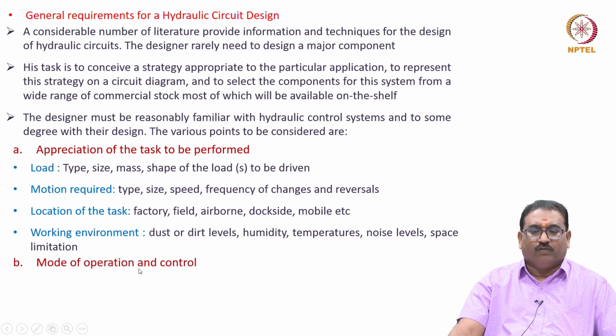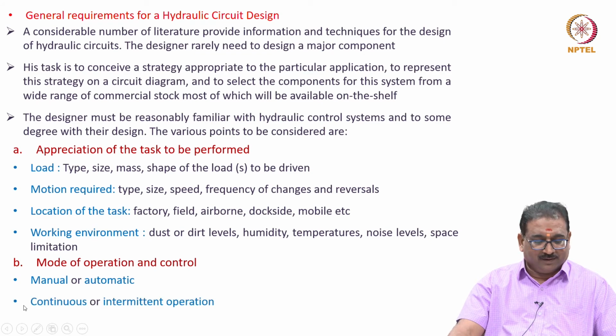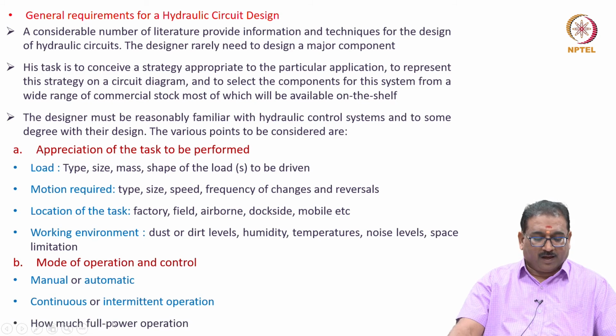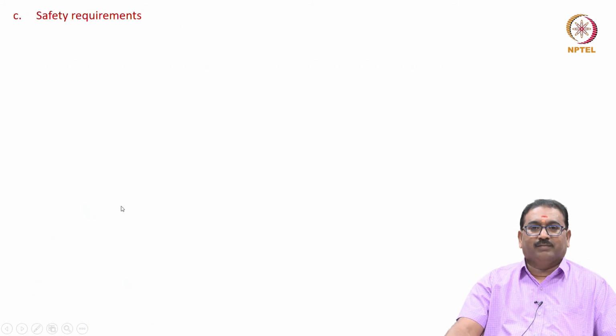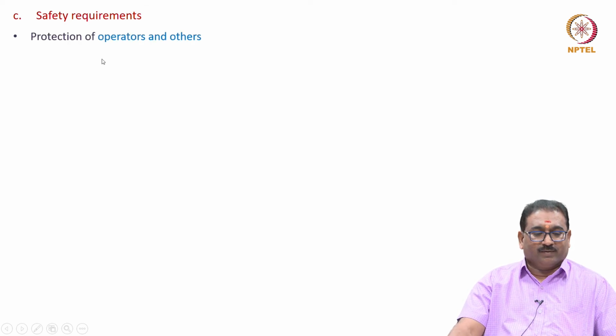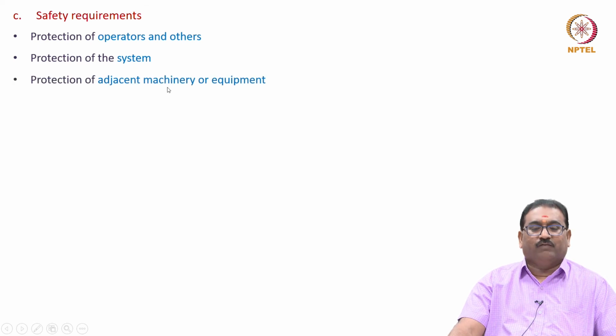Next, for the mode of operation and control of the system, you must mention manual or automatic, continuous or intermittent operation, how much full power operation. Concerned with the safety requirements: protection of operators and others, protection of the system, protection of adjacent machinery or equipment.